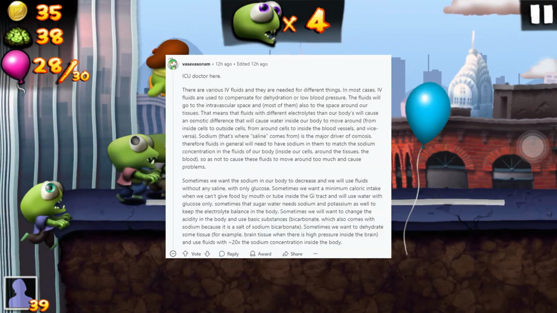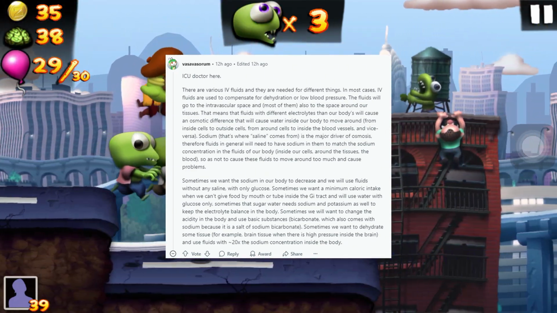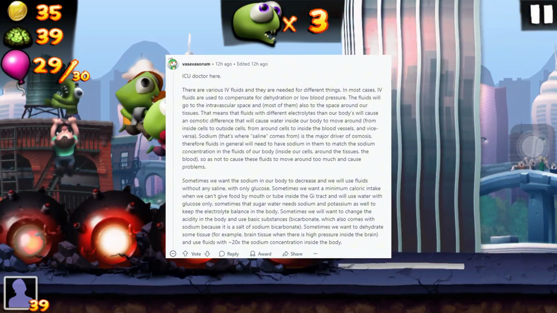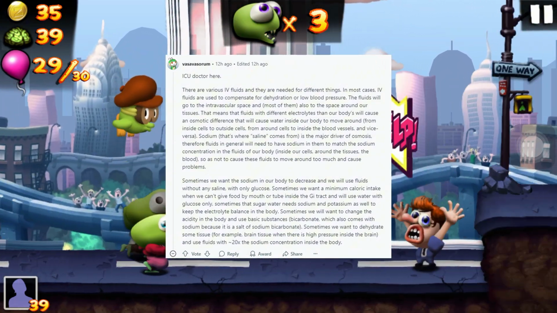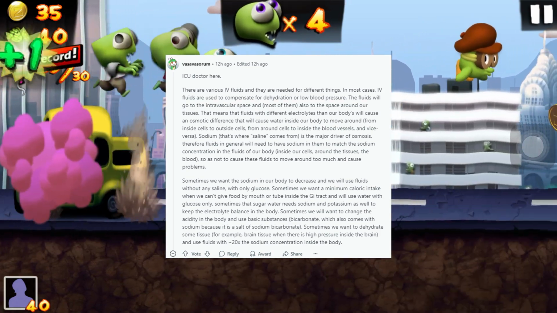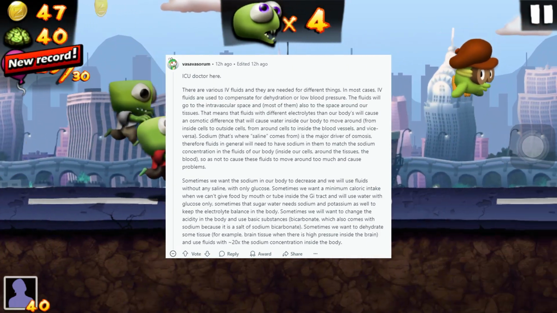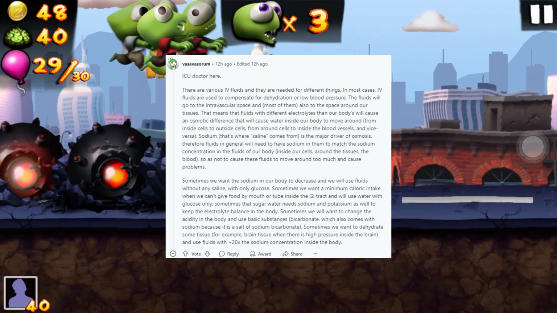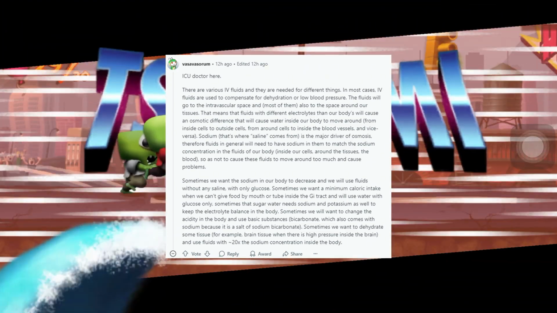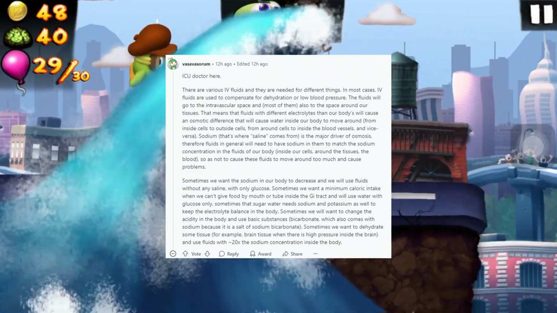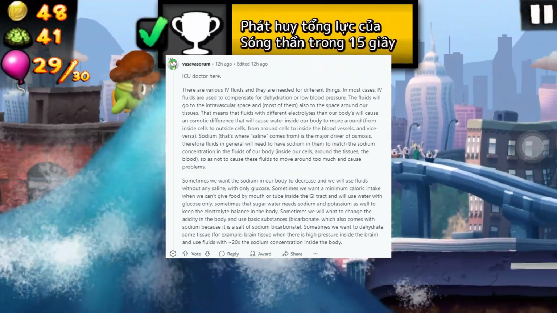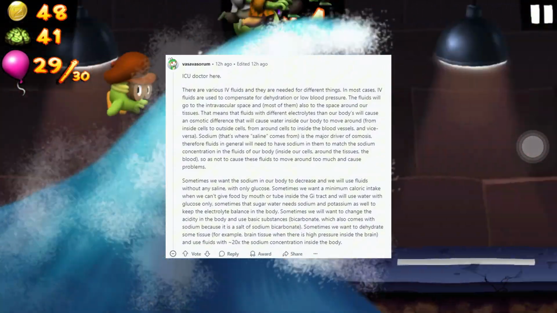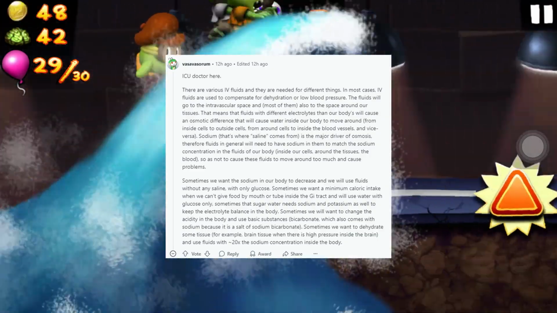There are various IV fluids and they are needed for different things. In most cases, IV fluids are used to compensate for dehydration or low blood pressure. The fluids will go to the intravascular space, and in most of them, also to the space around our tissues. That means that fluids with different electrolytes than our bodies will cause an osmotic difference that will cause water inside our body to move around, from inside cells to outside cells, from around cells to inside the blood vessels, and vice versa.